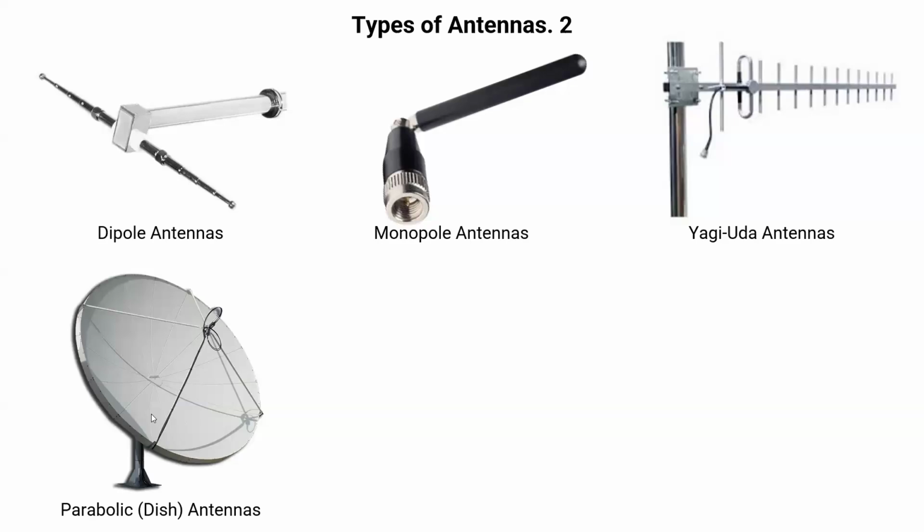Another example is a parabolic or dish antenna. That works more or less like a metallic mirror in optics. It forms a focus at the focal point, and this antenna also achieves a very high directivity, much higher than the typical Yagi antenna.